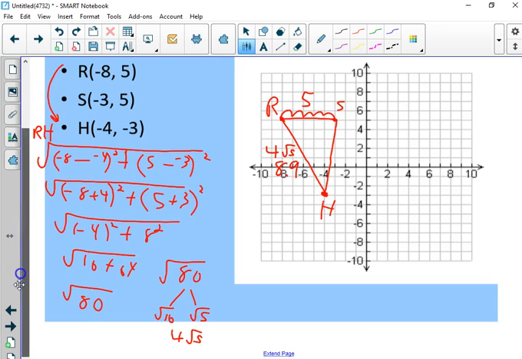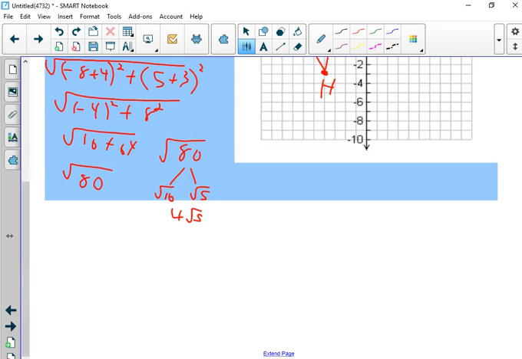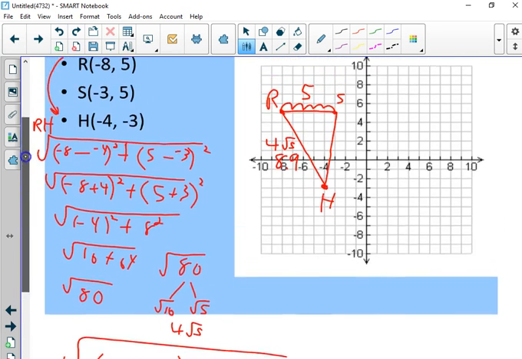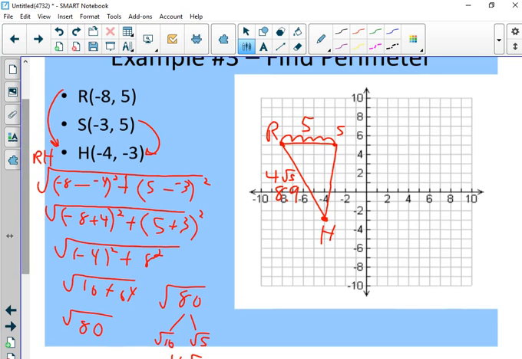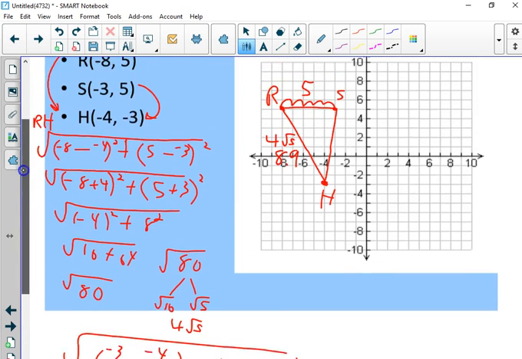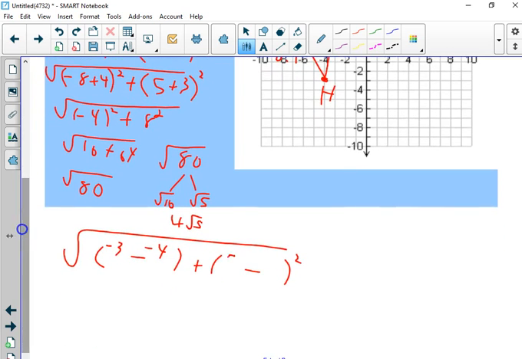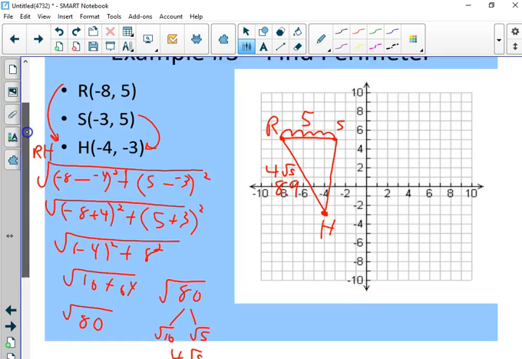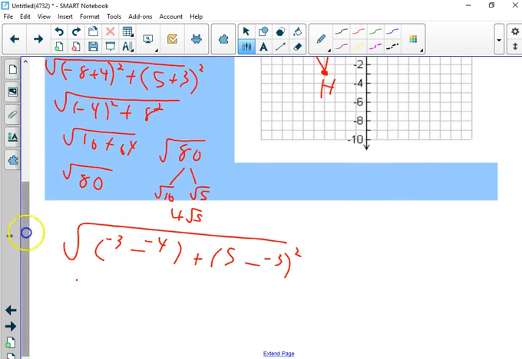Now we're going to do SH. So SH, negative 3 minus negative 4, and 5 minus negative 3. Again, I'm just going to change it here.